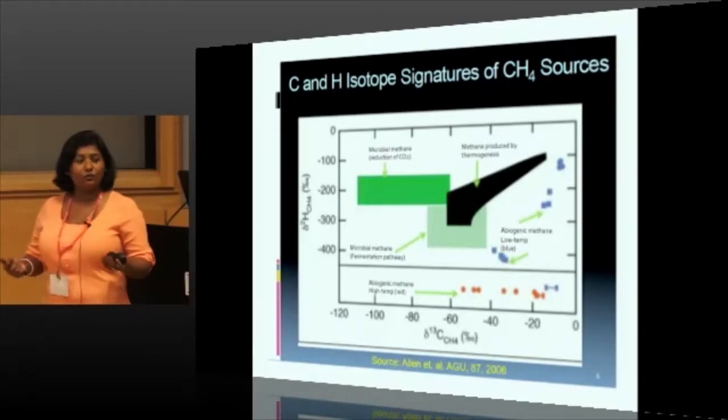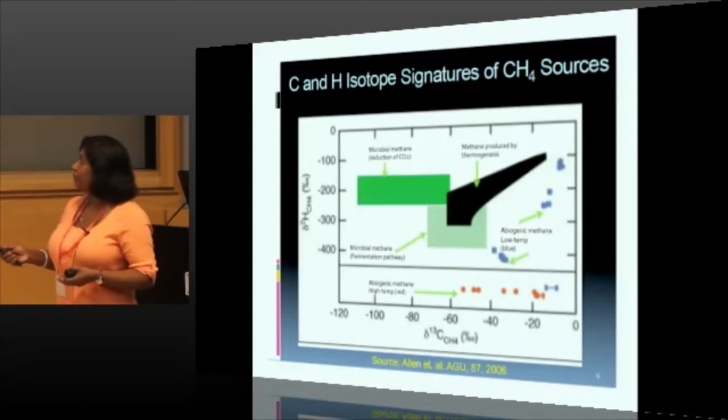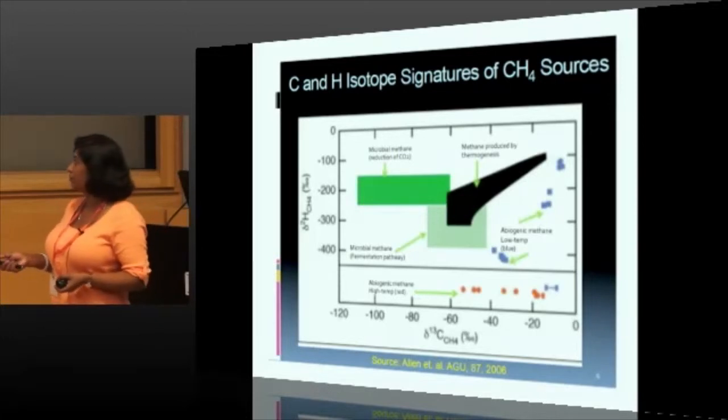So hydrogen isotope data is also important in order to differentiate between different types of microbial methane, whether they are produced by reduction of carbon dioxide or by the fermentation pathway.